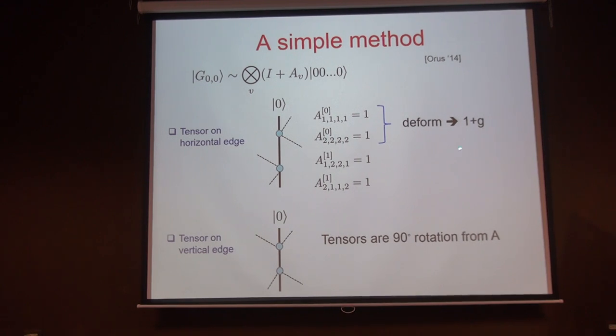So what we want to do is deform the toric code from this tensor by giving more weight to 0. Essentially, you just change 1 to 1 plus g here, and these two remain the same. This describes the tensor on the horizontal edge. The tensor on the vertical edge is rotated by 90 degrees.